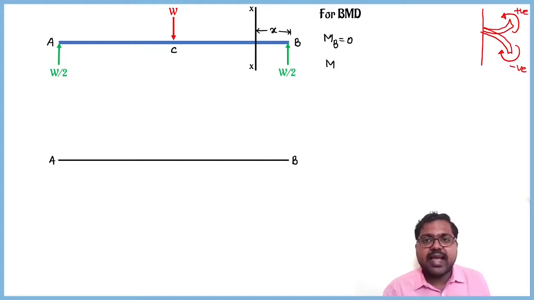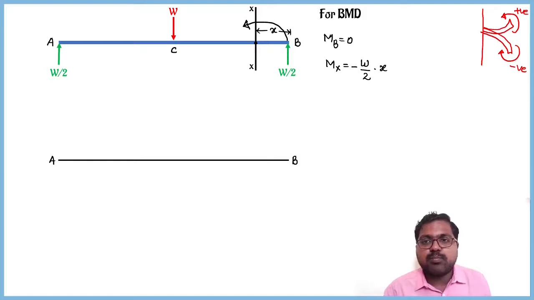So I am taking it as Mx, which will be equal to, from the right hand side, W by 2 force is acting. W by 2 is the force and it is acting at a distance of x, which will be equal to W by 2 into x. Moreover, this force W by 2 is creating an anti-clockwise movement, like this at point XX.